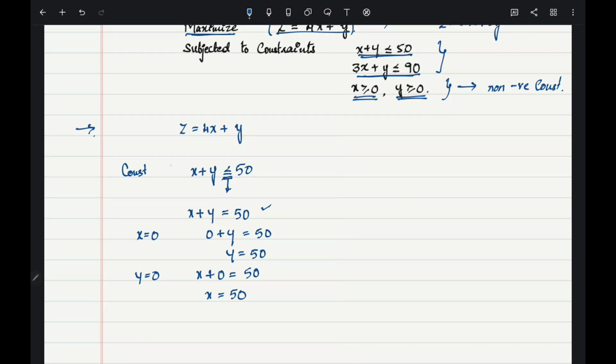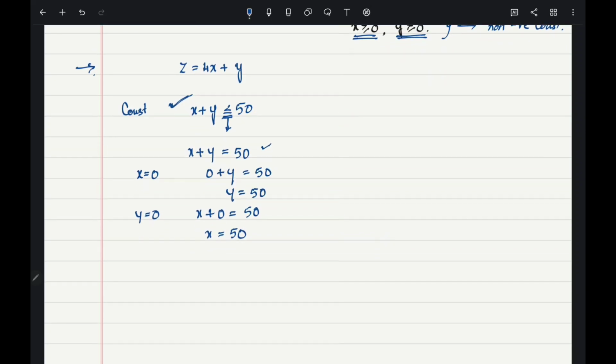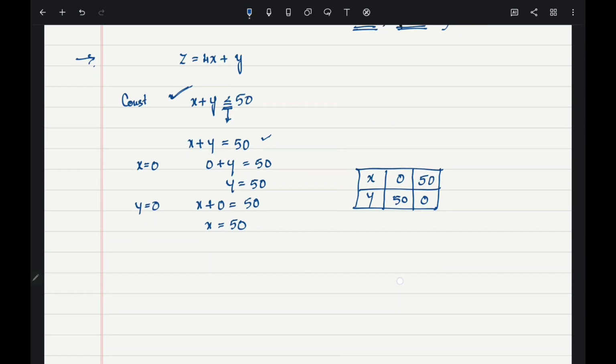First we are plotting the graph for x plus y is less than or equal to 50. So write the table we have got as it is: if x is 0, we have y as 50, and if y is 0, we have the value of x as 50. So let's solve the next constraint.